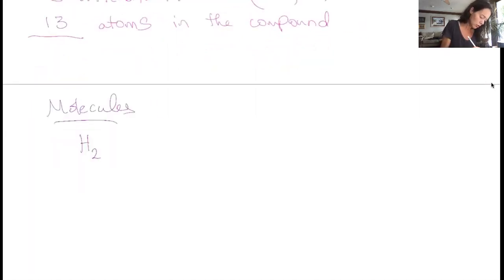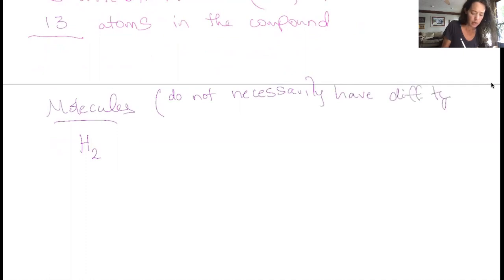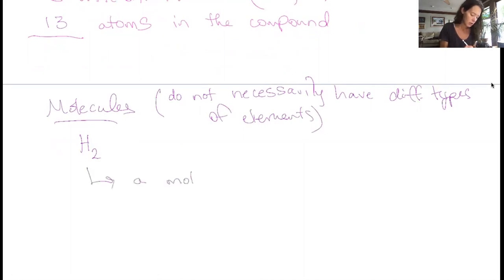So molecules do not necessarily have different types of elements, such that H2 is a molecule, but not a compound.